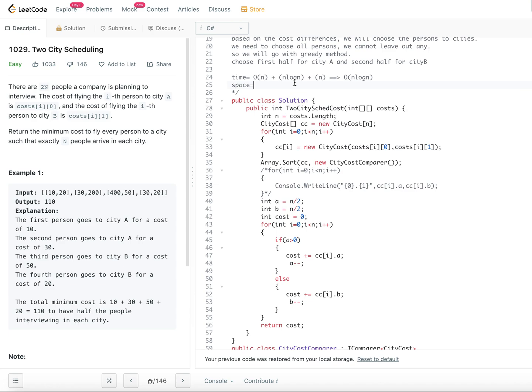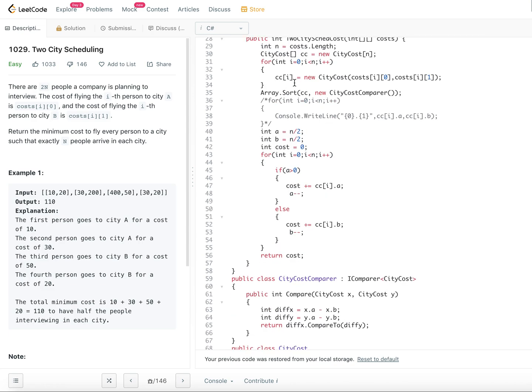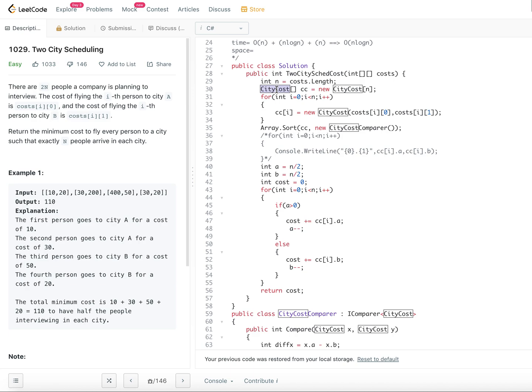Are we using any extra space here? Yes, for this temporary city cost array we are using it. What is the size that we are using? N, because there are n costs given in our input. So the space used is also order of n.